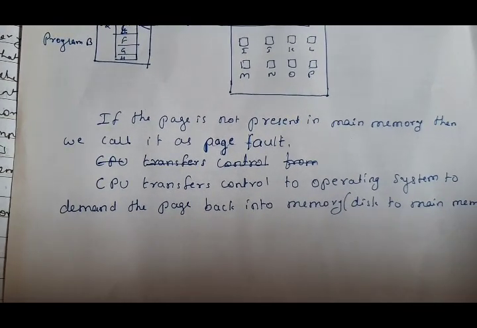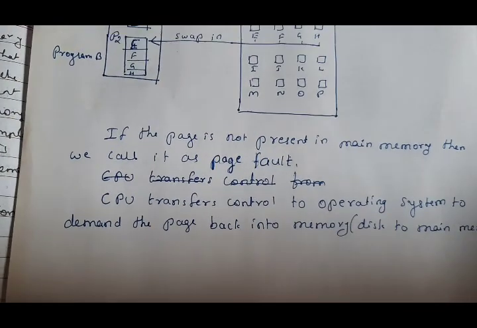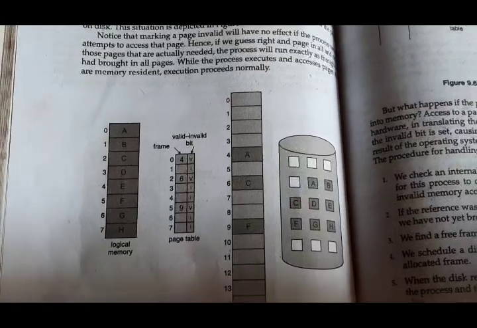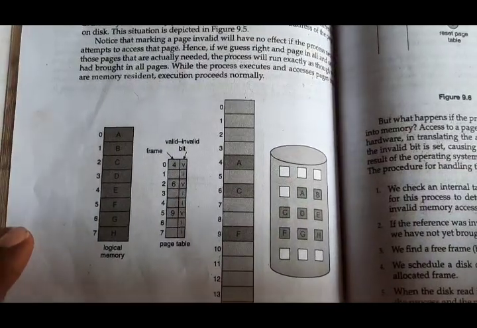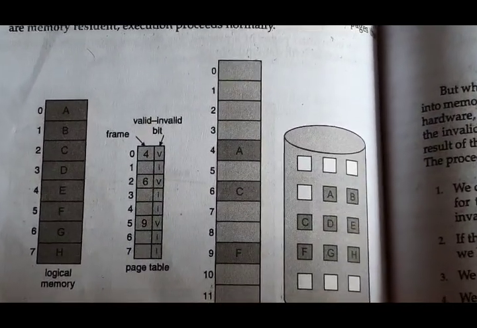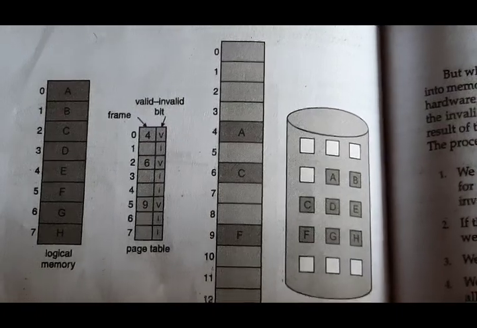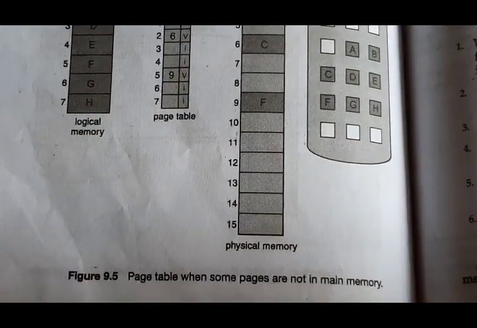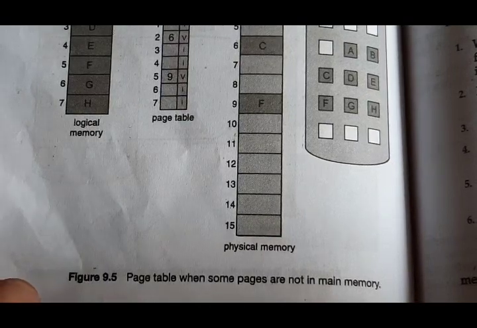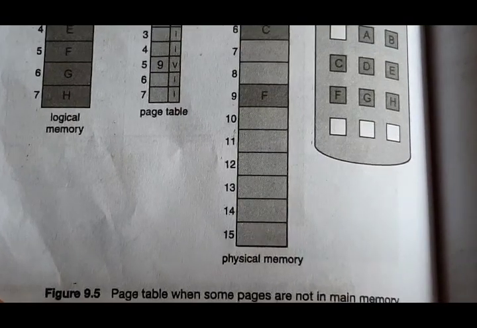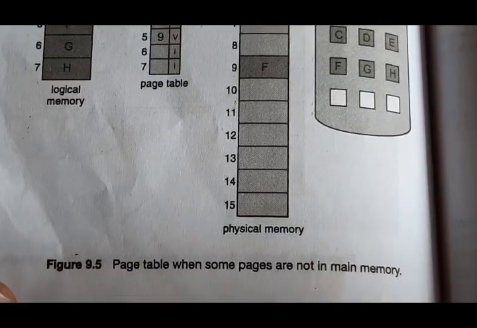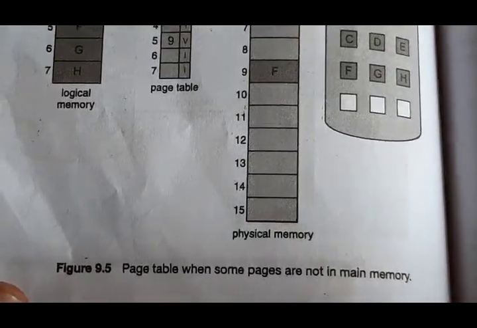Next, how do we identify whether the page is present or not? See this diagram here. What does this diagram indicate? The page table when some pages are not in main memory.